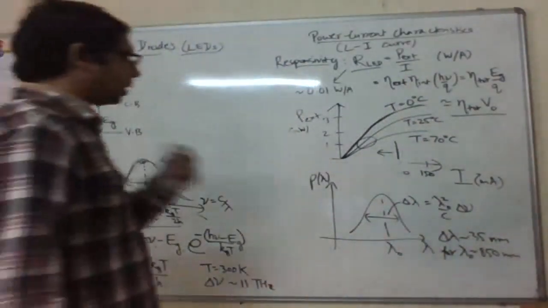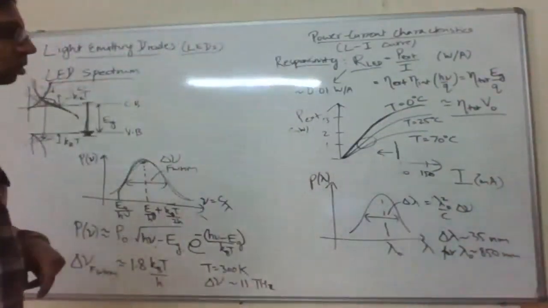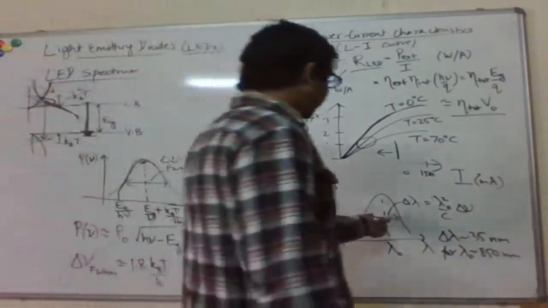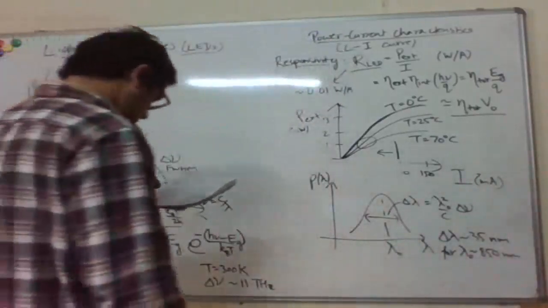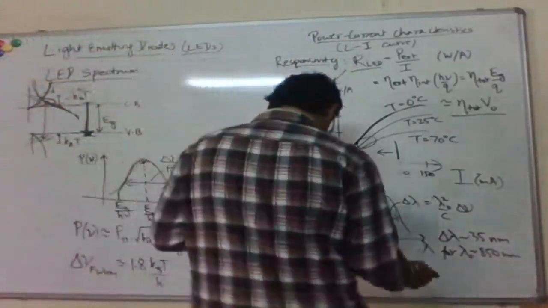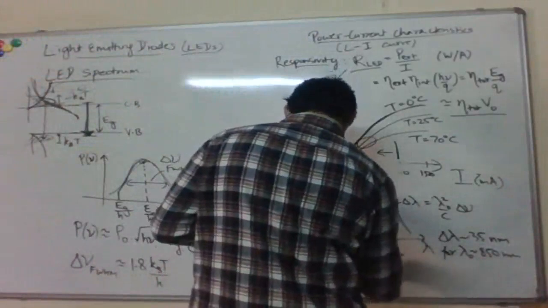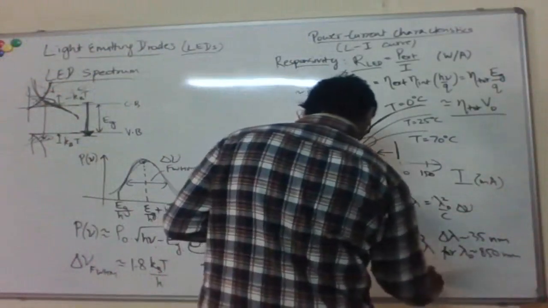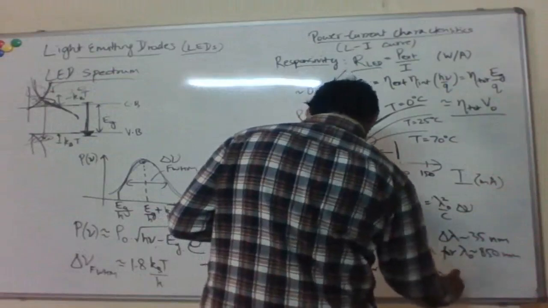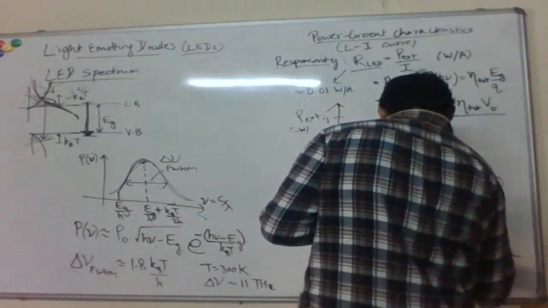So you can see it's really quite broad. It's a few percent of the center frequency. If you go to the other material system, InGaAsP, for example at 1.3 micron, this delta lambda comes out to be about 120 nanometer.